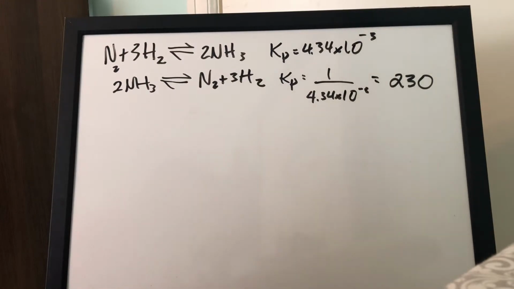You can't have negative pressures, you can't have negative molarities. Kc and Kp are ratios, not just a fixed number, so when they reverse, they become an inverse. That's a big takeaway. You reverse a reaction in thermochem, you change its sign. You reverse a reaction in equilibrium, and you take the reciprocal of Kc or Kp.